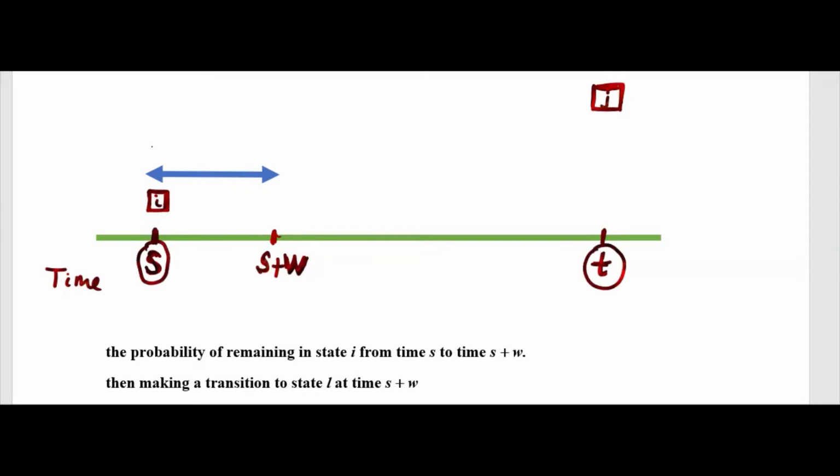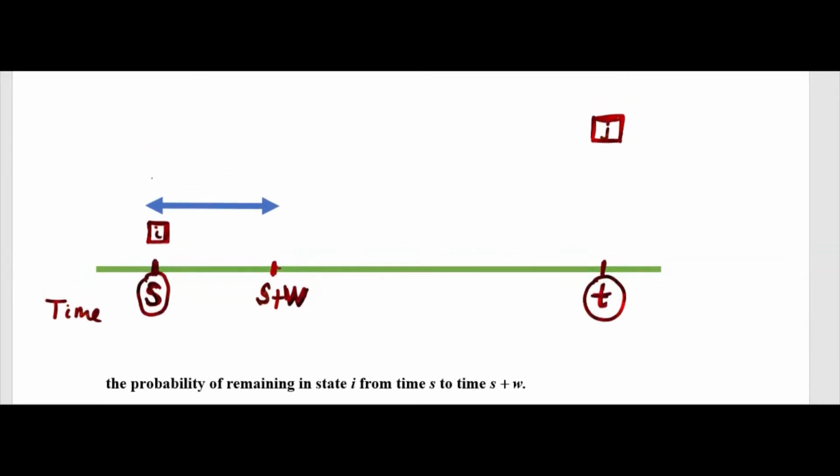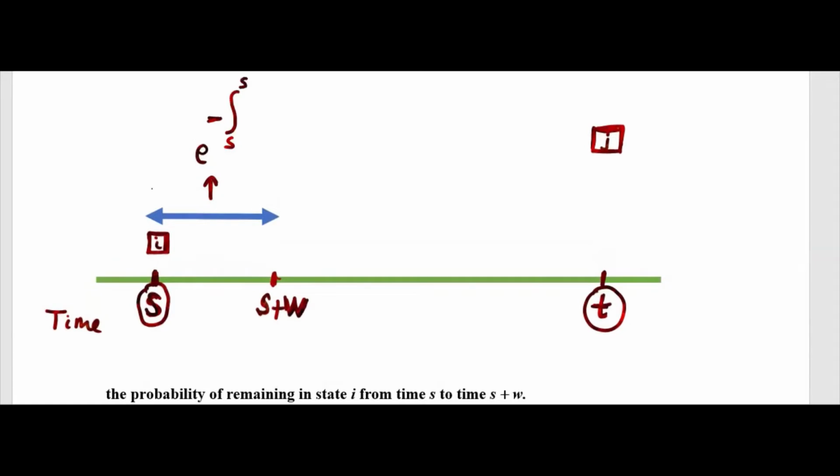Now T is a different time, j is a different state. We are in I. So first of all, I have to leave I. So what is the time I will stay here? For that I will write an expression. The expression is e power, the same formula, minus integration S to S plus W. In the homogeneous case we wrote only 0 to W, S was not important.